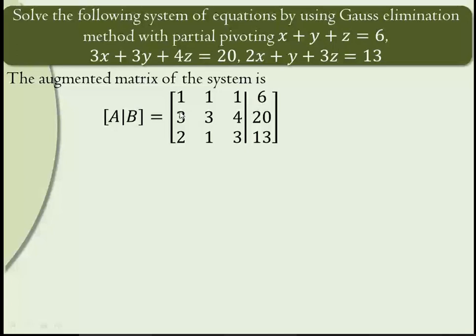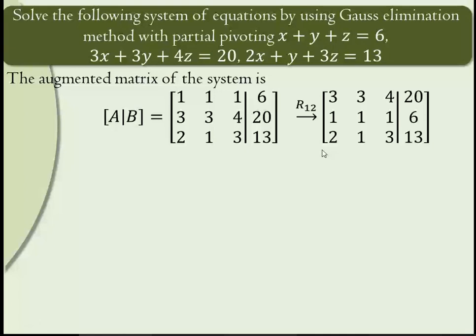So take this as the first row, and we can do this by interchanging these two rows. There is one transformation we have, that is interchange of two rows, that we can do to get that term. So we are interchanging first row and second row, that is denoted by R12. R12 means interchanging of first and second row.